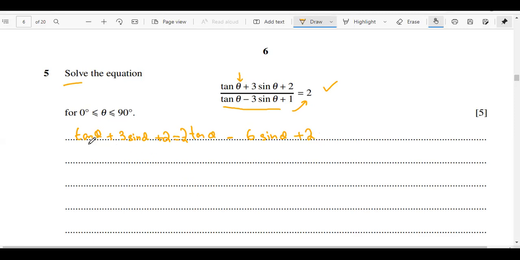Now I can cancel this 2 and 2, and I'll bring everything to the right side. So this would give me 0 equals 2 tan theta minus tan theta, that would be tan theta, minus 6 sine theta, and when I take plus 3 sine theta to the other side, that would be minus 3, so it becomes minus 9 sine theta. Any confusions? I've not done anything, I've just simplified the initial equation.